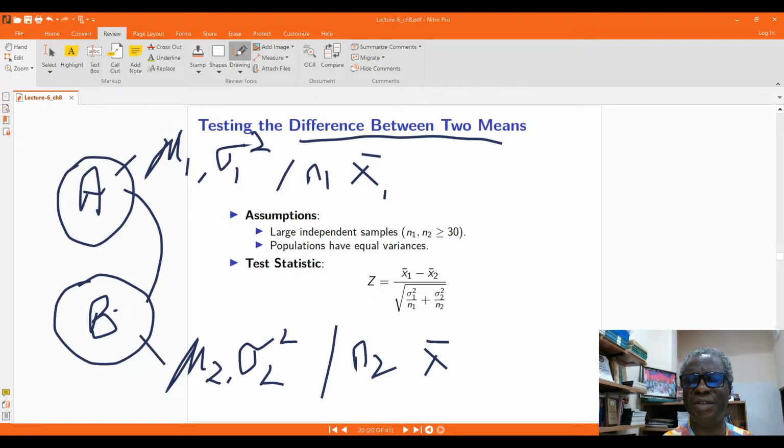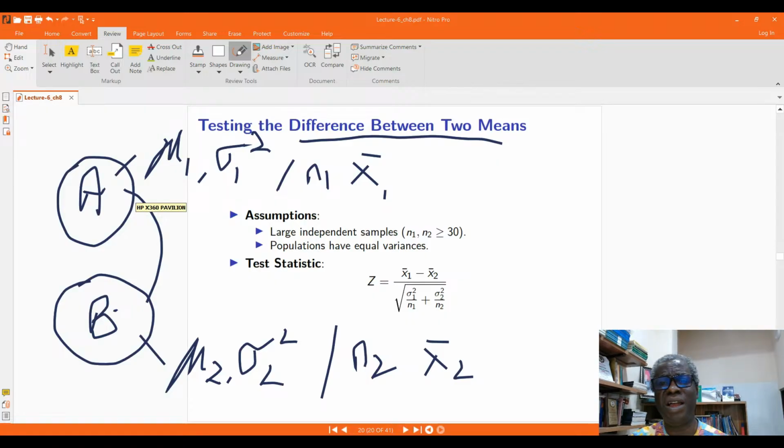With this, we can now test whether these two populations are the same or not.